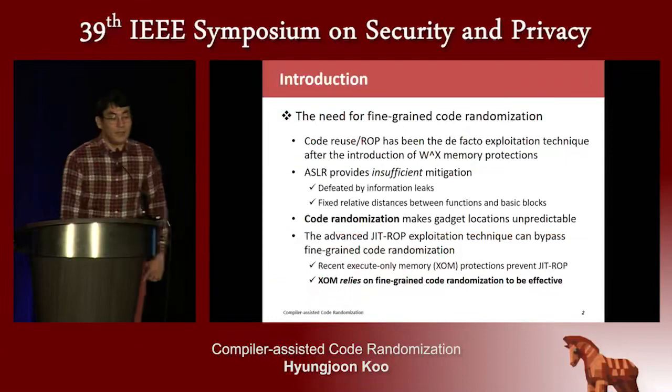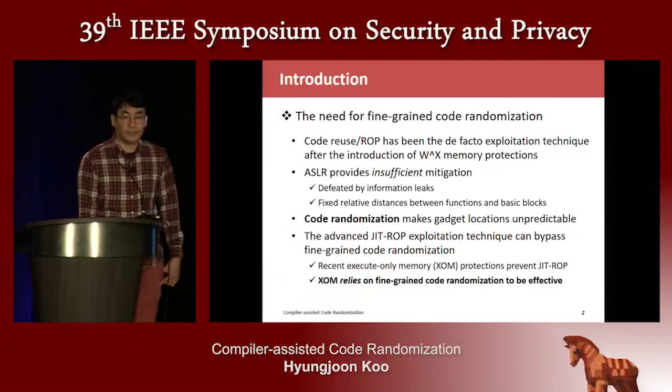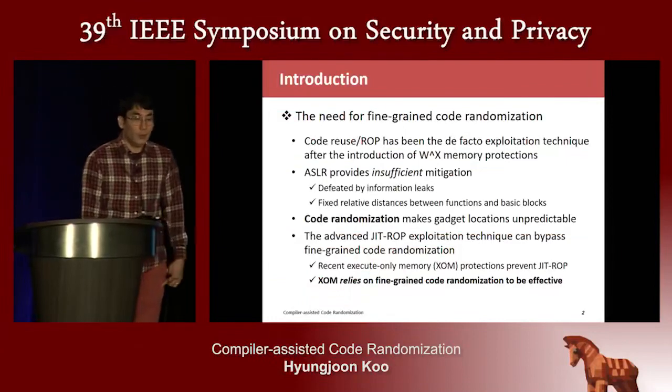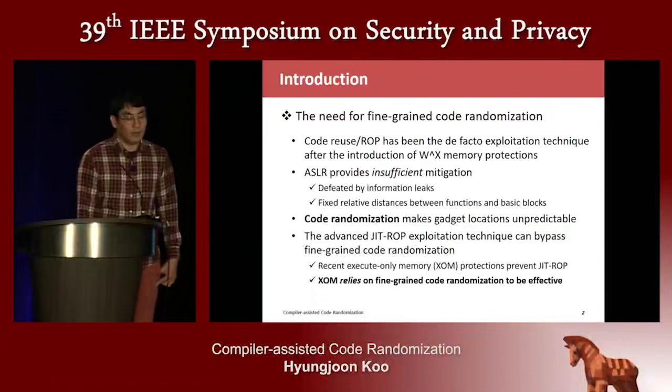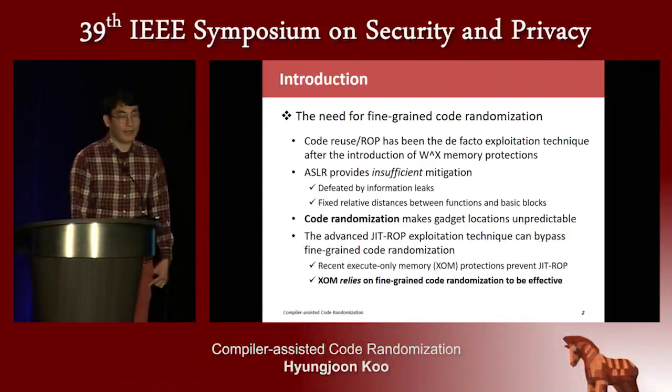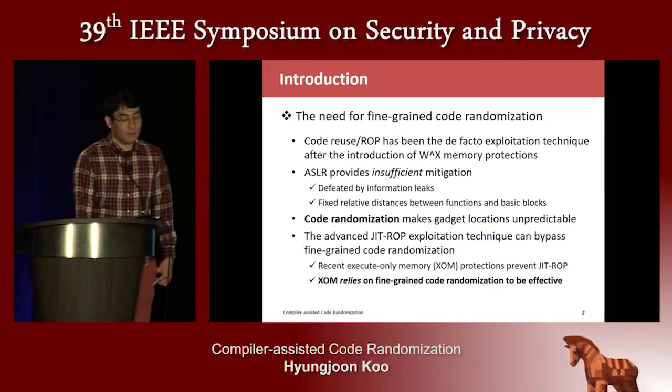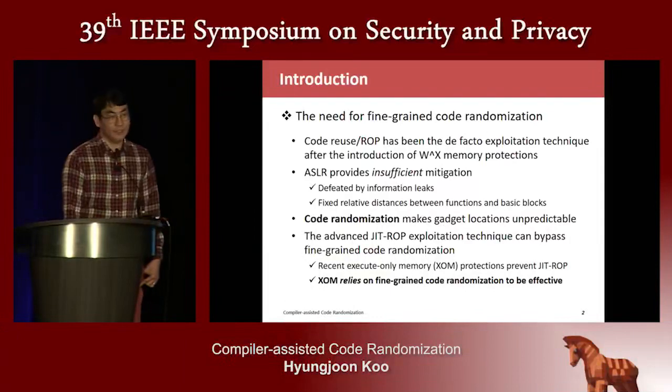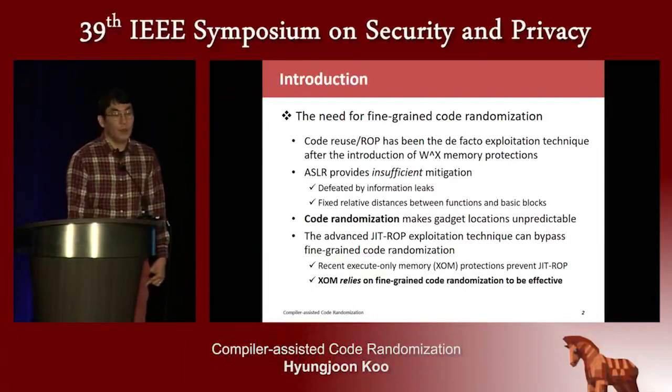Let me start with the need for fine-grained code randomization. With the introduction of memory protection policy that does not allow both writable and executable permission in memory, the attack paradigm has shifted from code injection to code reuse, or return-oriented programming.